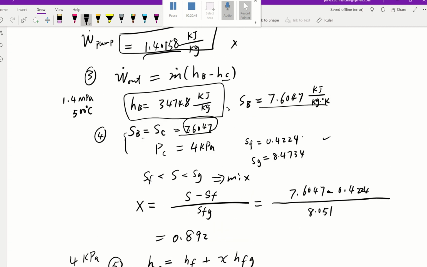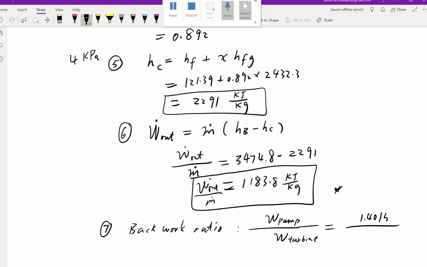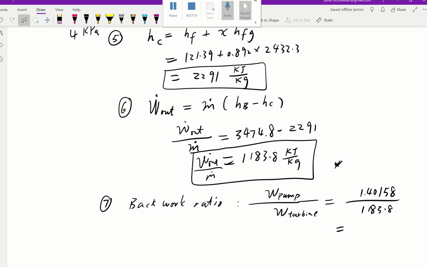Pump work is 1.40158. Turbine work is 1183.8. So when we calculate that, 1.40158 divided by 1183.8, we have a value of 1.184 times 10 to the negative 3.